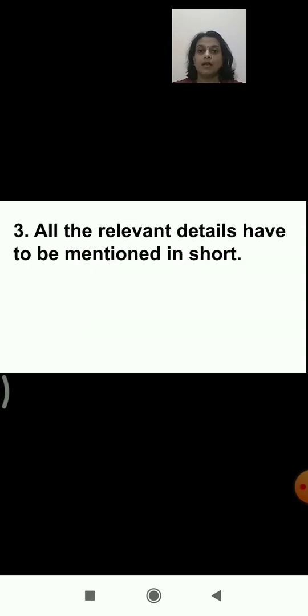Now all the relevant details have to be mentioned in short. Whatever information you have got from that first person, the person who gave the call, you have to keep in mind all that information, and you have to write it in the main body content of the message. All the information you are going to write in short, right?